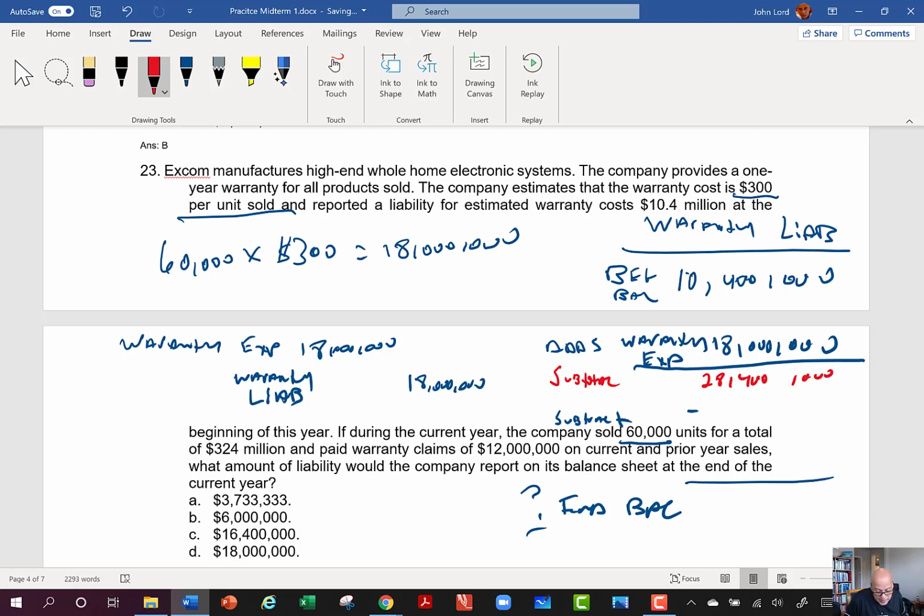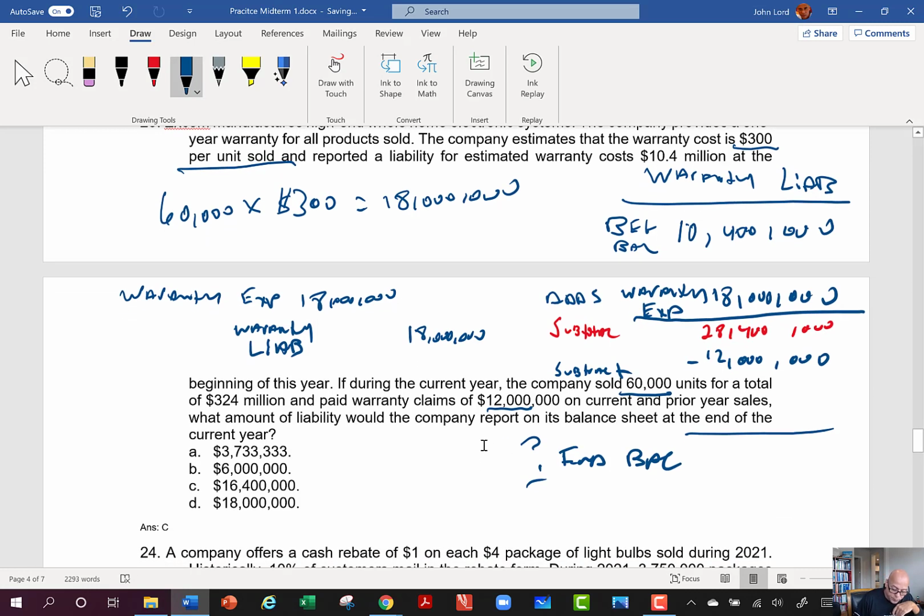28,400,000. And then they tell me that they paid claims of 12 million. So if they paid claims of 12 million, just to make sure we're clear on that journal entry, they would have debited the liability, the warranty liability, right? To decrease a liability, you debit it.